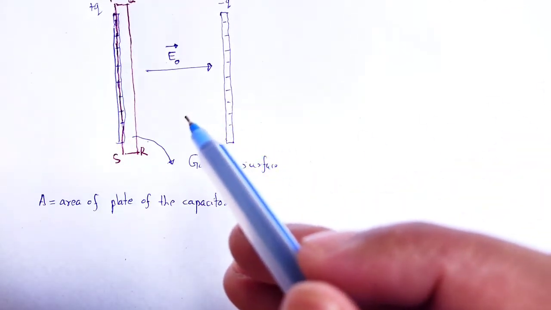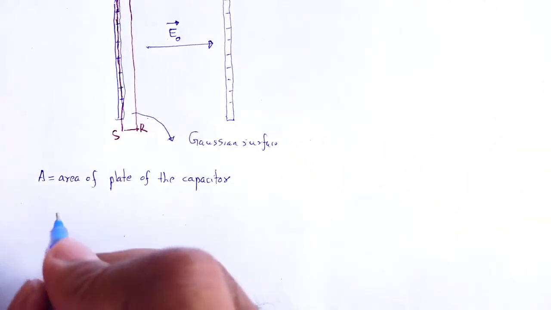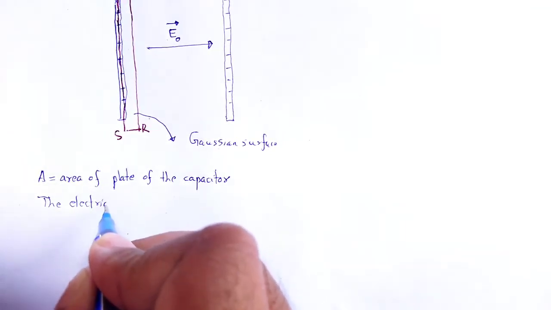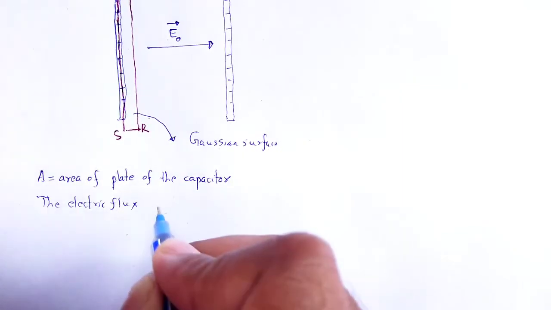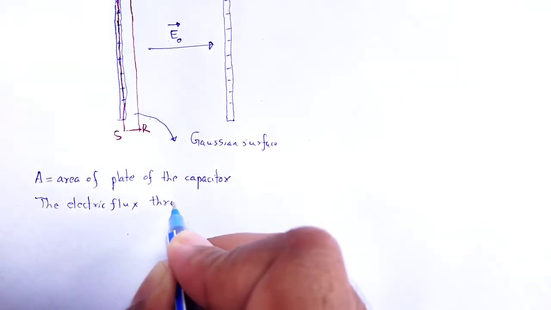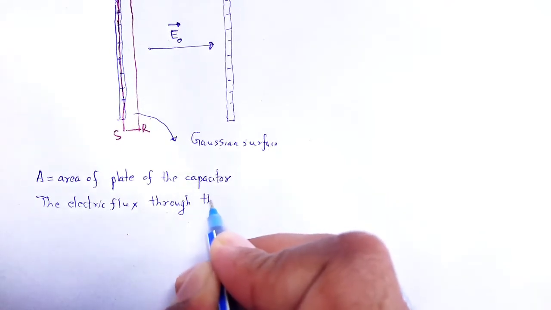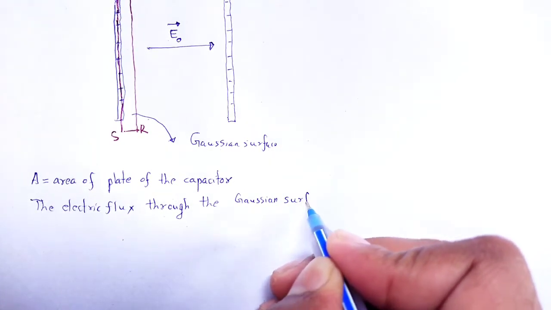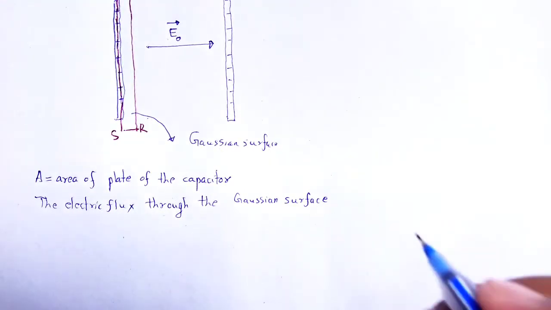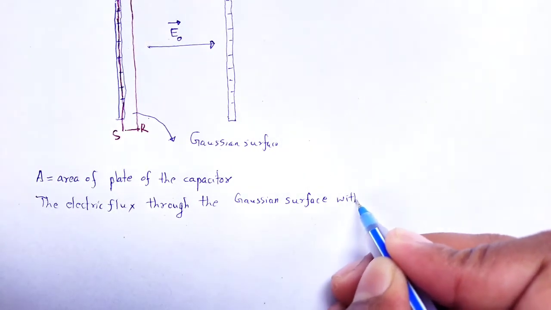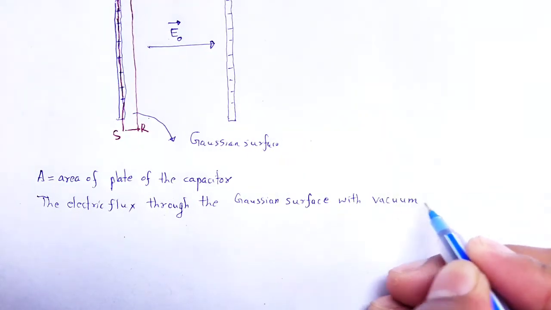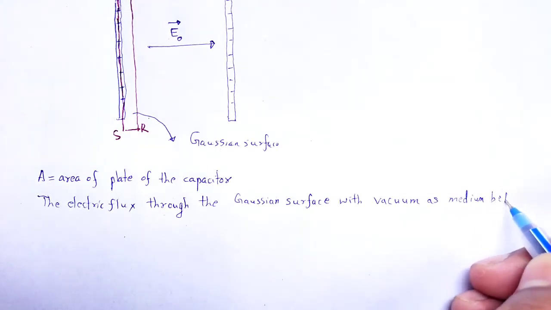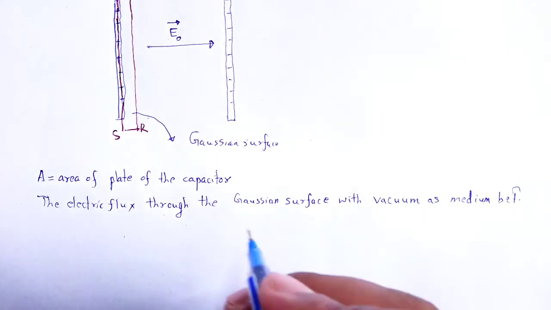So we can find out the electric flux through the Gaussian surface with vacuum as medium between the plates of the capacitor.